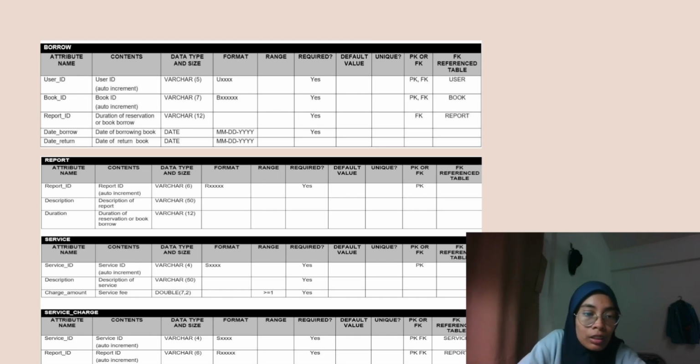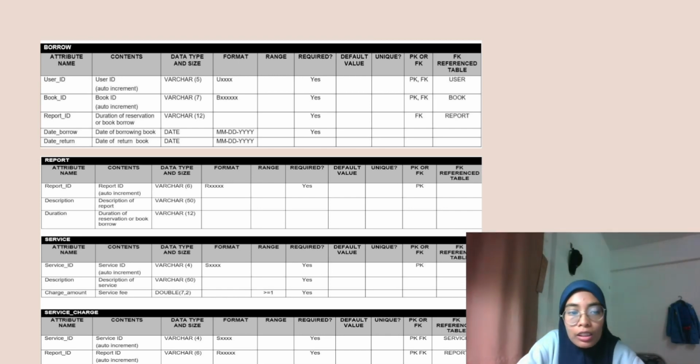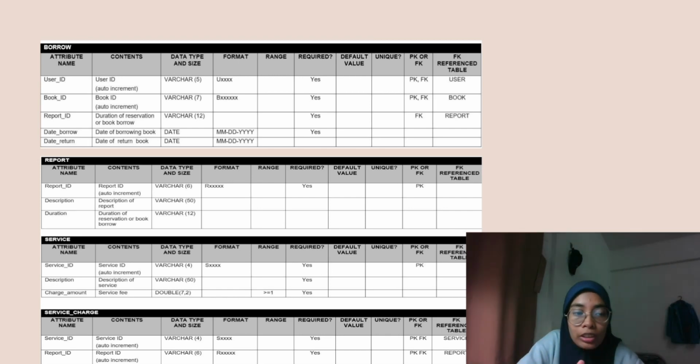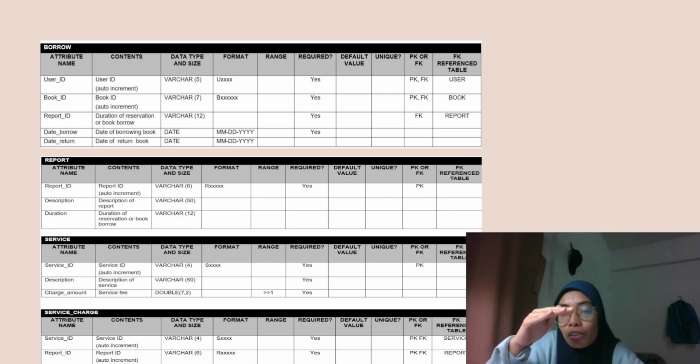We also want to accumulate the service charge by month. So we have the service ID, report ID, and the total amount of the service fee. The service ID and report ID are FK references from the service and report tables.